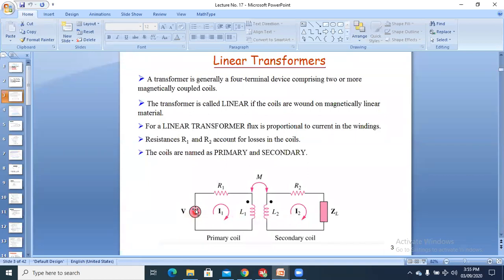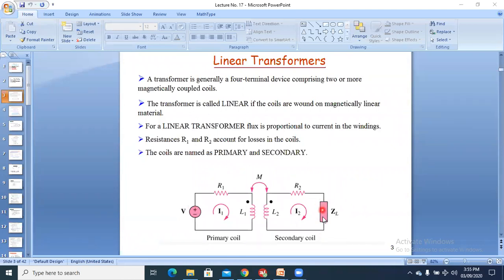In this, we have the voltage source, and we want to produce a potential which is higher across the load or lower across the load.